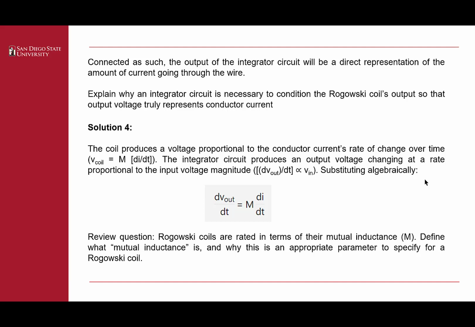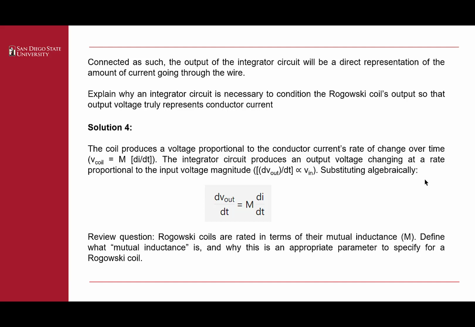The answer is, the coil produces a voltage that is proportional to the conductor current's rate of change over time. So V_coil is formulated as M times di/dt, where di/dt is the current's derivative with respect to time. So it's time varying current.